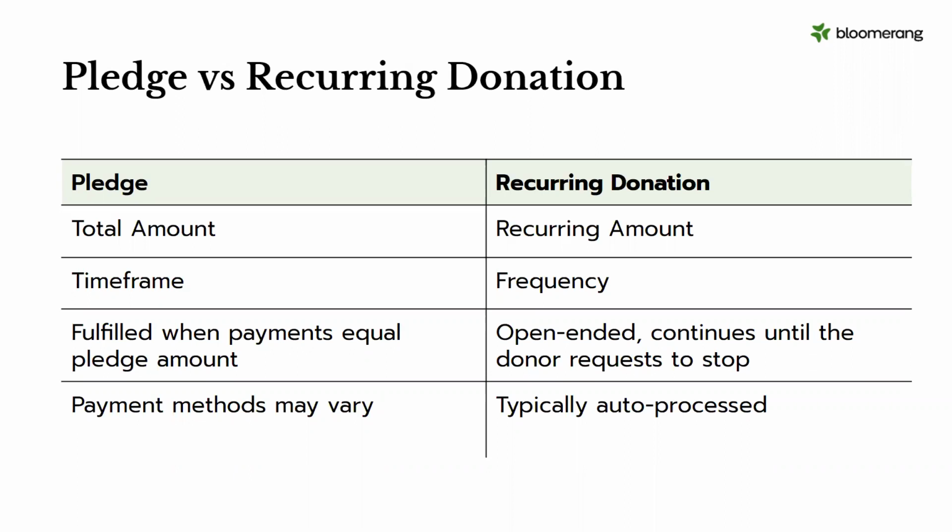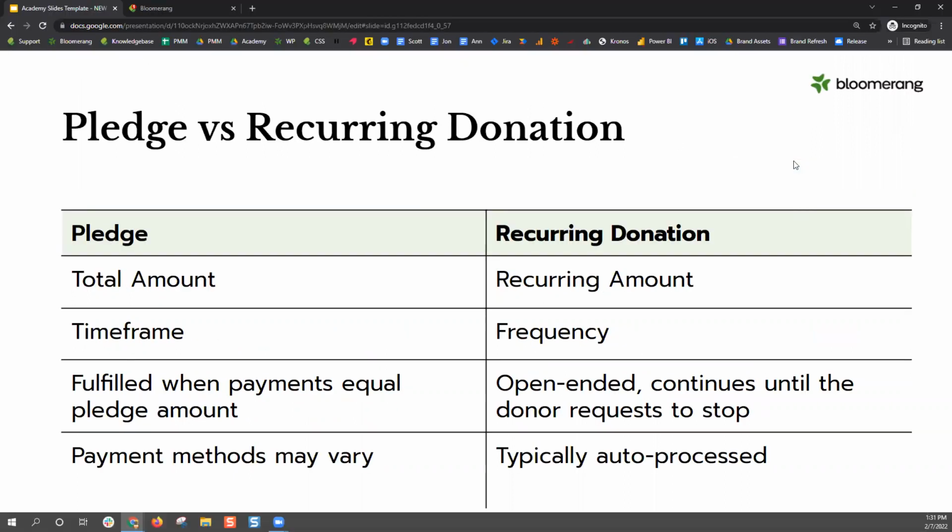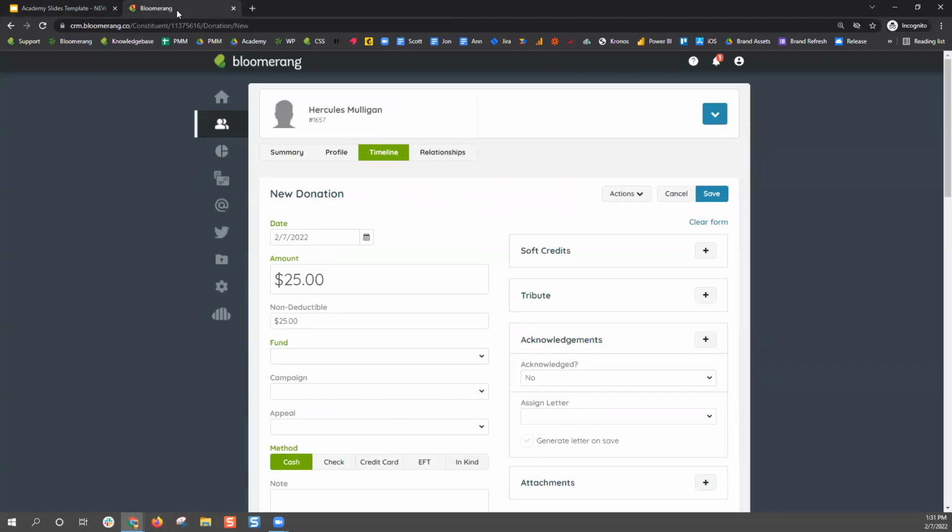So if you have Bloomerang payments, for example, you can set up payments to auto process every month or according to whatever the schedule is, so that you don't necessarily have to remind the donors, or enter cash or check payments every time they come in. Everything just happens automatically.